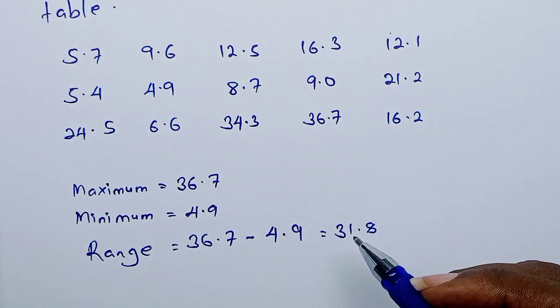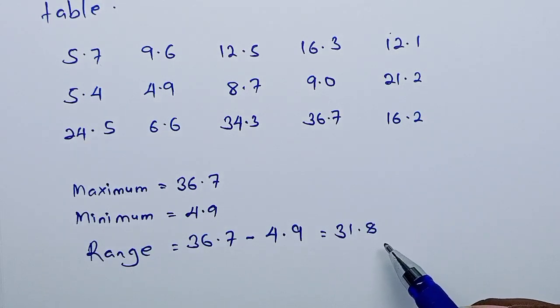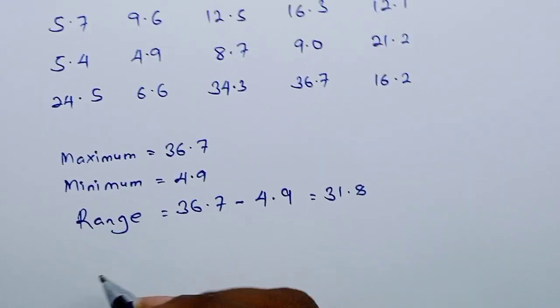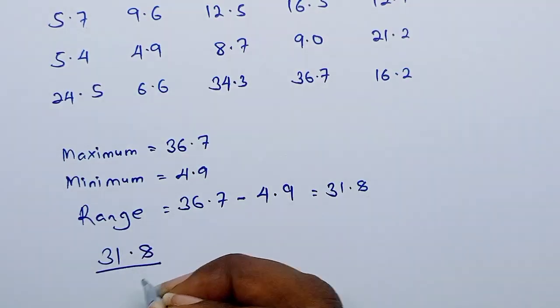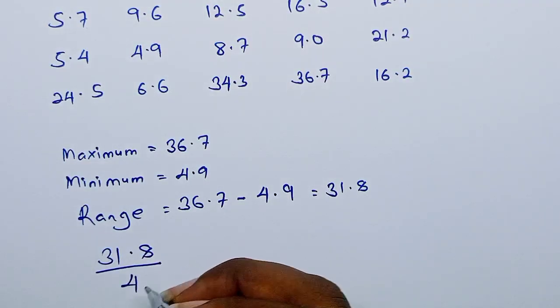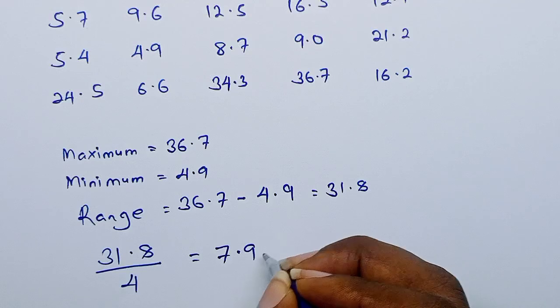In order to find out how wide to make each group, we take the range, which is 31.8, and divide it by the number of groups that we want. We want 4 groups, so 31.8 divided by 4 gives 7.95.